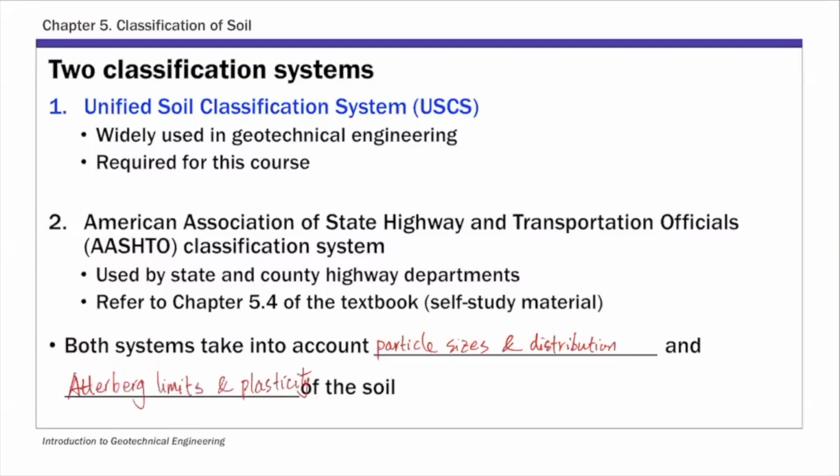There are other systems that only use particle sizes, for instance, for classification. But these two systems consider both particle sizes and plasticity. I'm going to go over the Unified Soil Classification System, or USCS.